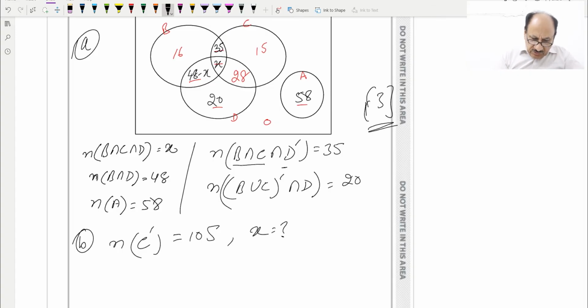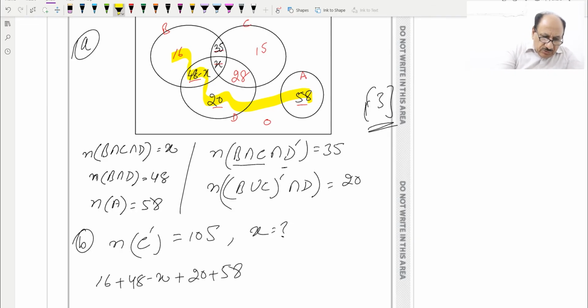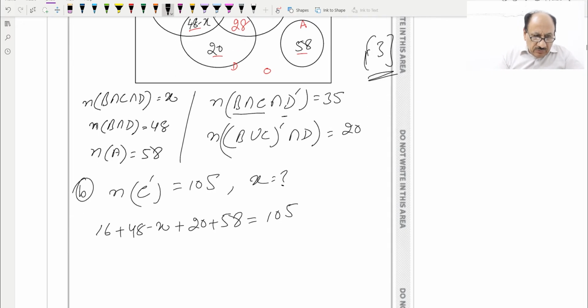So n of C complement, which is not in C. Not in C are 16 plus 48 minus X and plus 20 and plus 58. These are the numbers which are not in C. Hopefully you understood this. Now we can equalize this to 105, and we have to find the X value, and for that we can simplify.